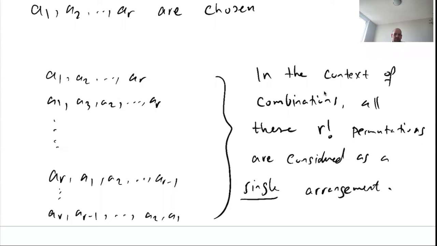So for A1 to Ar, we have r factorial different ways that we can change the order and get different arrangements in the context of permutations.